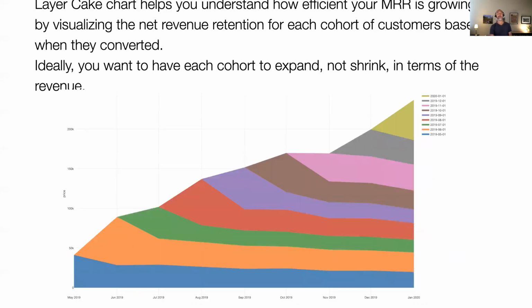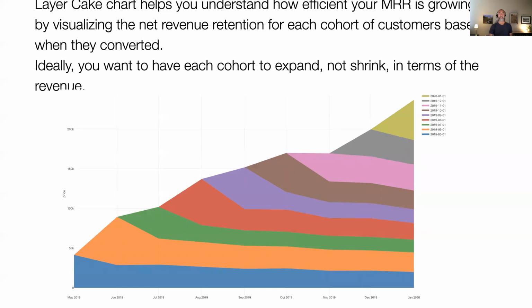Because we are looking at it over a time period, we changed that chart type to an area chart so that you can see the gradual expanding or shrinking of each cohort in terms of the retention revenue.